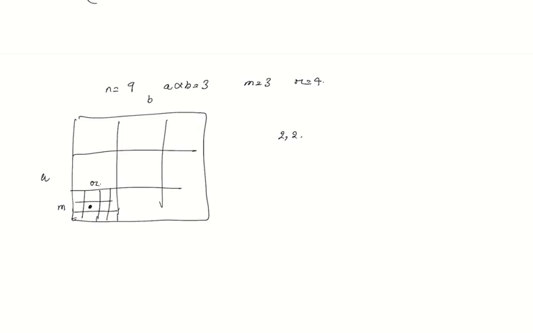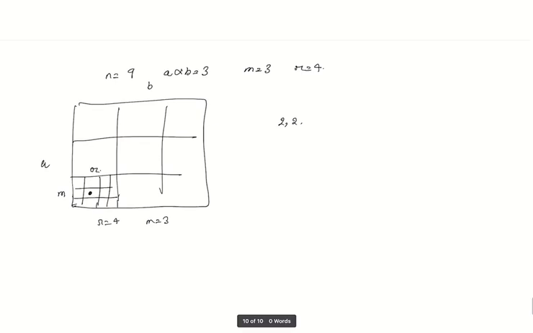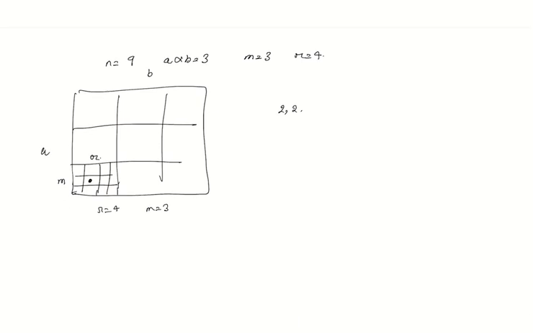Now we're going to move. R is 4, so we're going to move 4 steps to the right, and M is 3. So the first is going to be 2 and 2. The second is going to be 2 and 5, and the third is going to be 2 and 8. And then we're going to move 4 steps here.